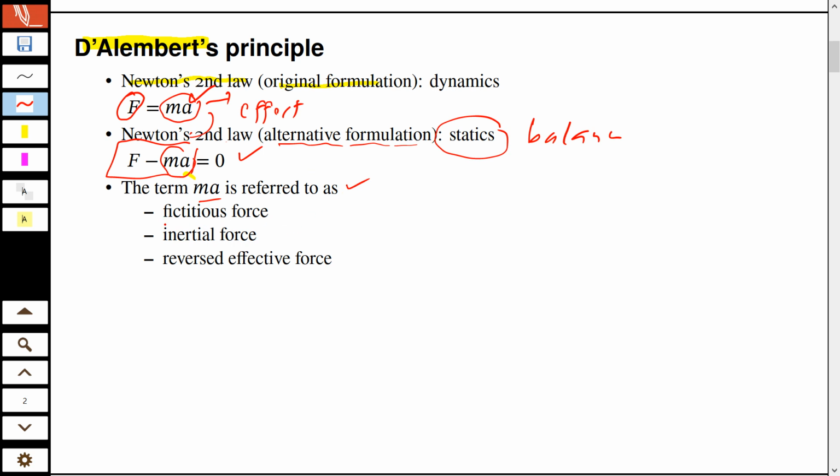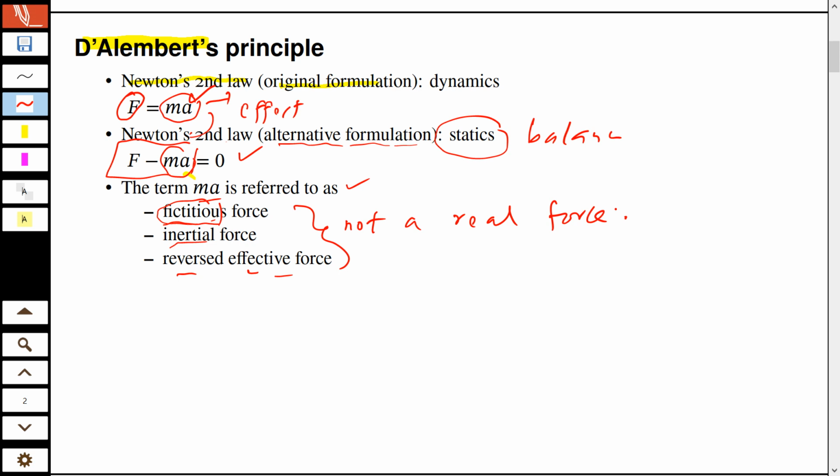In literature you will see fictitious force. Have you heard this name? Often the name comes up in physics problems. Some people call it inertial force. Some people call it reversed effective force. These are different names, but it is not a real force. It's important: it is not a real force.